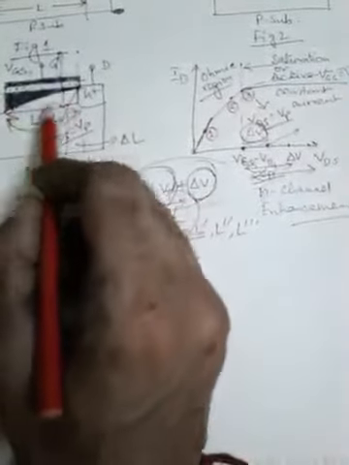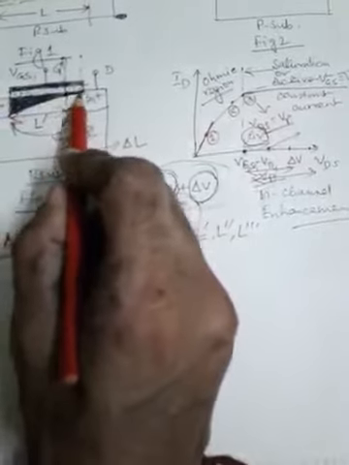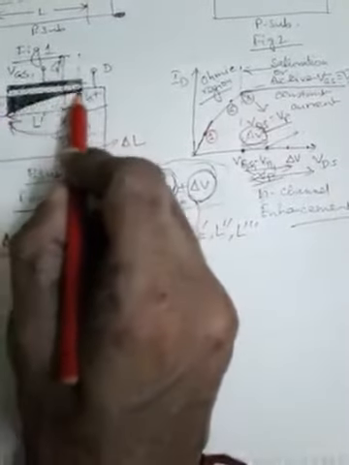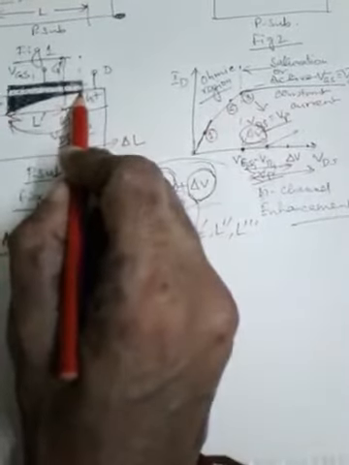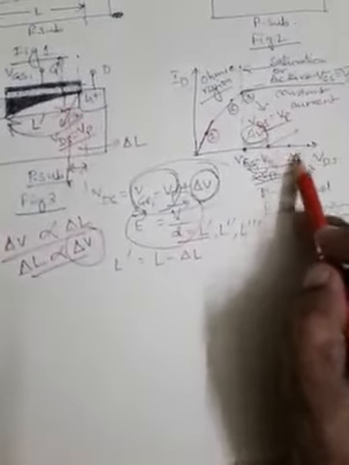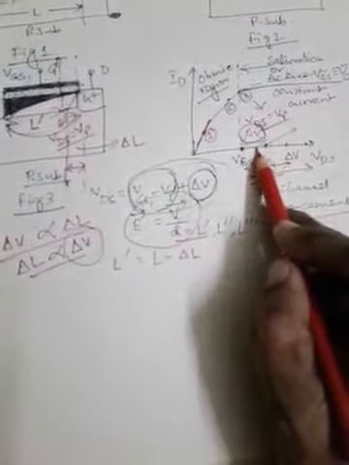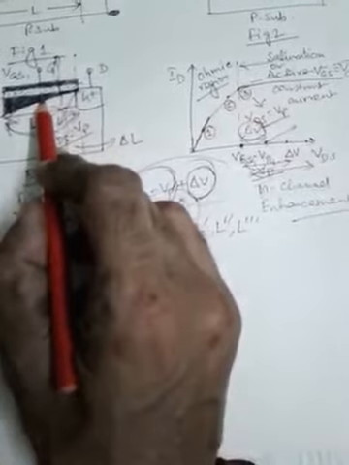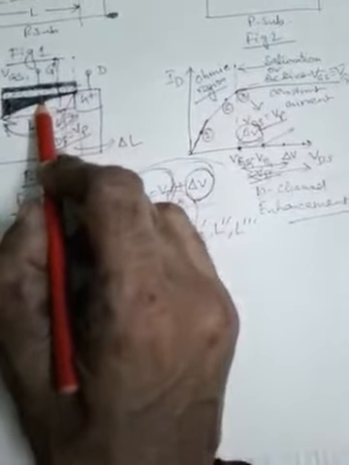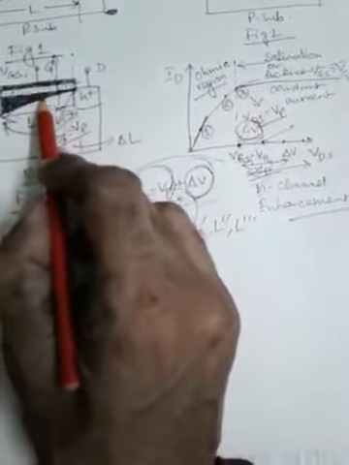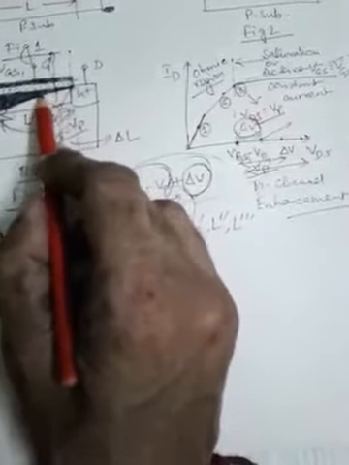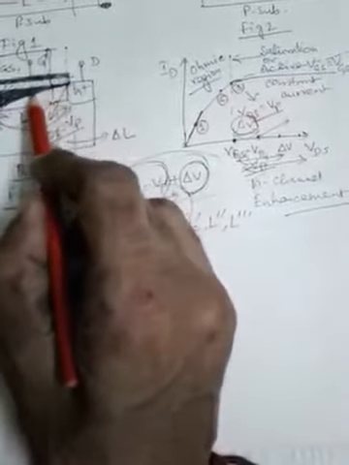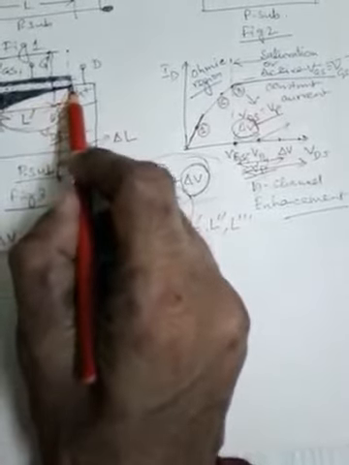So as voltage is increased, the channel length will be decreased and the pinch off will happen earlier, that means this pinch off point will be moving towards the left. Or if we decrease the voltage delta V along this VDS axis, the pinching off of the channel will occur later, and the pinching point of the channel will be more towards the drain side, so the length of the channel will be increased.